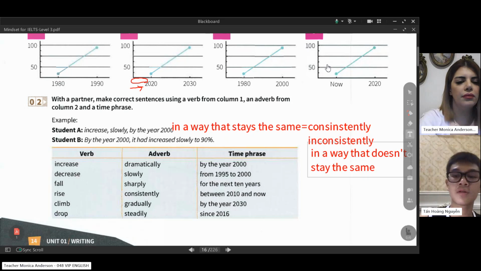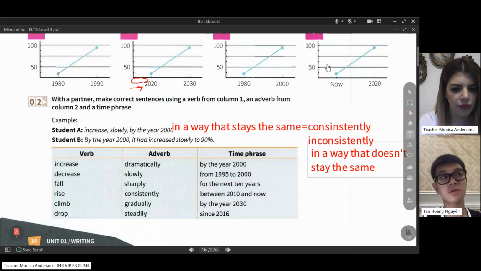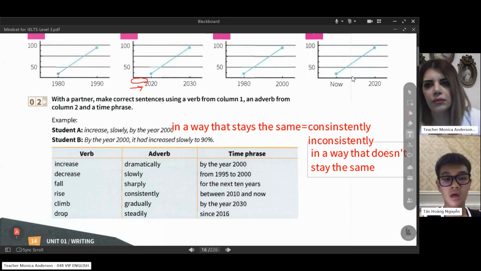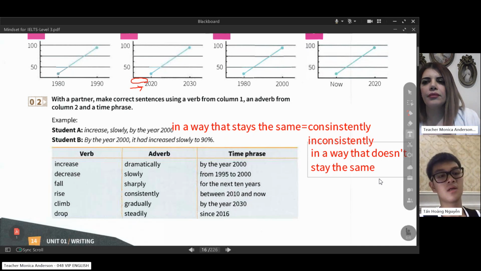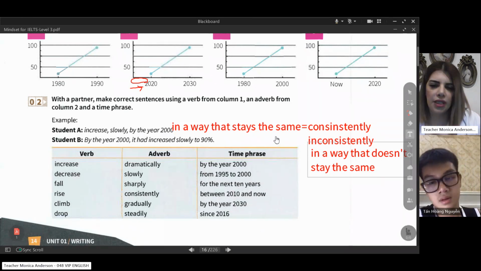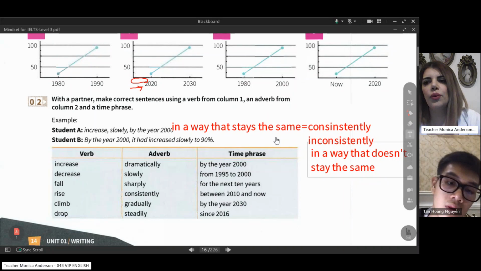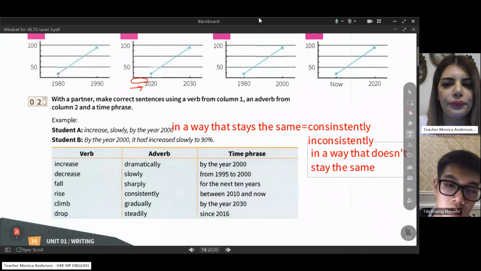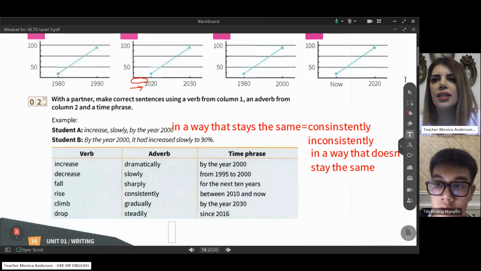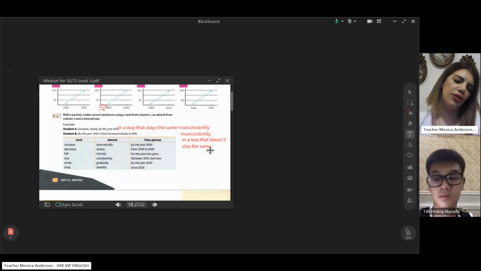Between now and 2020, sales are expected to climb consistently. Okay, consistently.